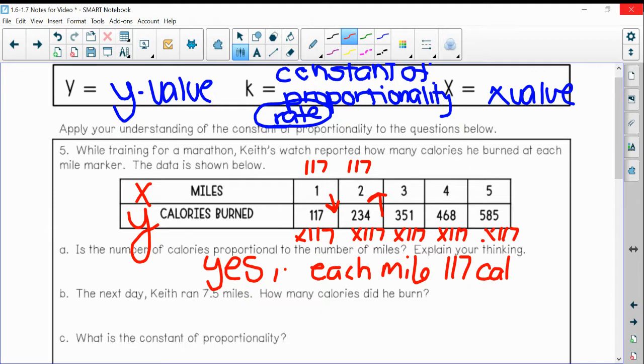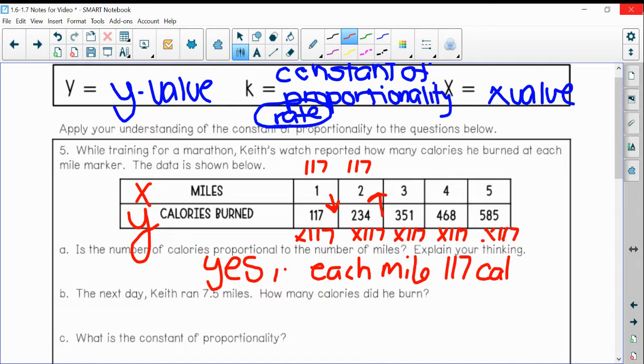We saw as we went up, we could multiply the miles by 117 to get our calories burned. We saw that if we divided those calories by that 117, we got the number of miles, and it changed at a consistent rate.